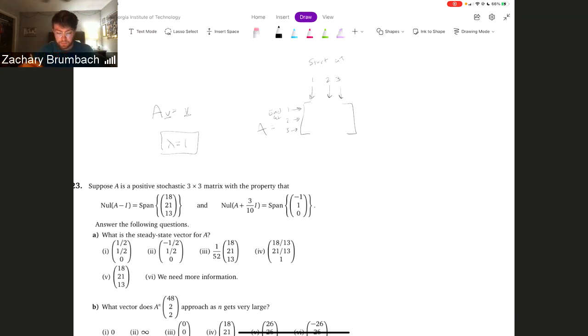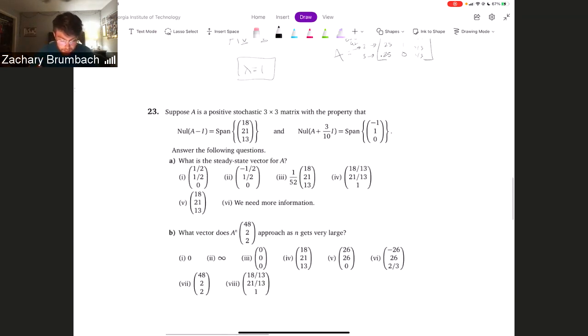So if 50% of people stayed in 1, 25% of people stayed in 2, and you don't know how many people stayed in 3, yes, you do, because the column has to sum to be 1, so you know it's 0.25. Okay? If everybody who's in 2 goes to 2, they start at 2 and they go to 2, that'd be a 1. And if people split evenly going from 3, that's all 1/3. Okay? That's just the definition of how we construct a stochastic matrix.